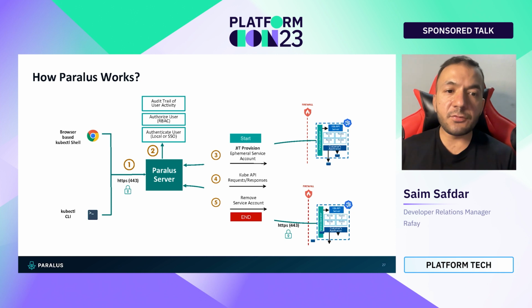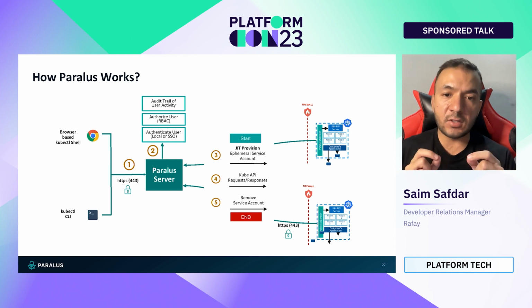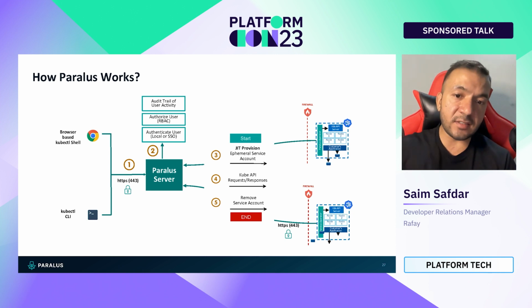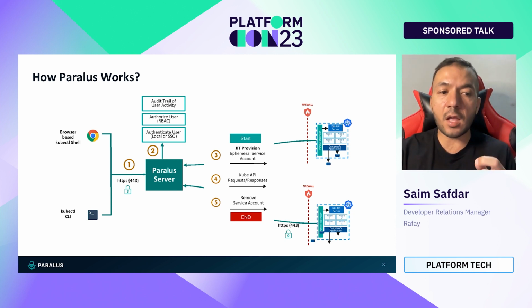So Paralus by default is very much enabling secure access. The way it works, the security is baked in from the get-go. If you need to access GKE or AKS, first you interact with the Paralus server, and that gives you a just-in-time service account token in the Kubernetes cluster, and then you actually perform some of the Kubernetes API requests and responses.